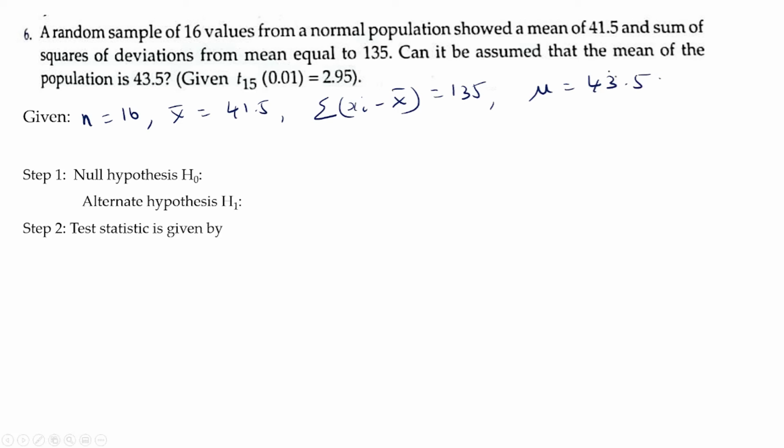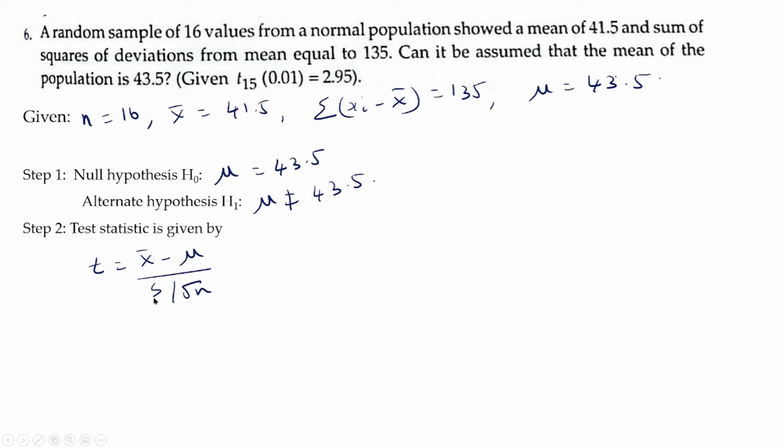All these are given. Now we have to check the null hypothesis H0. Here H0 is mu equal to 43.5, and the alternate hypothesis is population mean mu is not equal to 43.5. So the test statistic is given by T is equal to x bar minus mu upon S by root n.